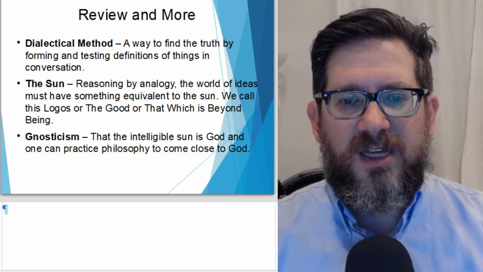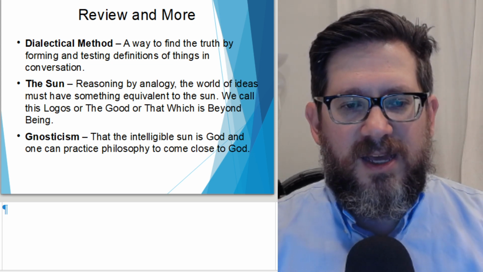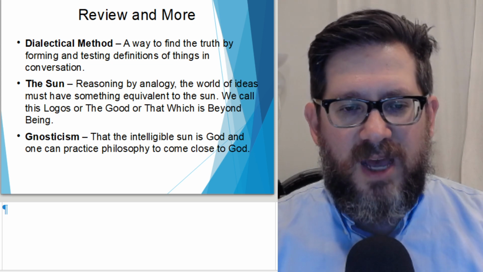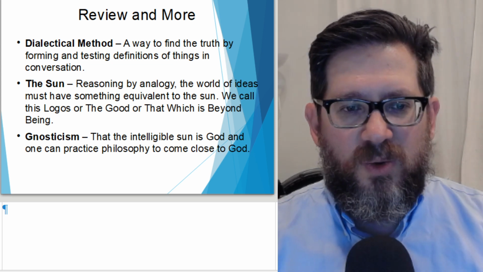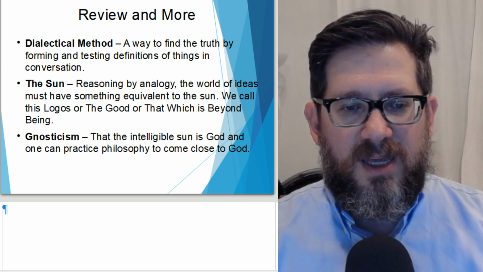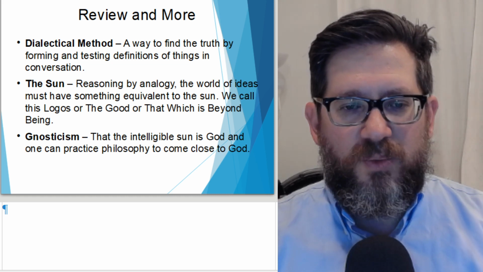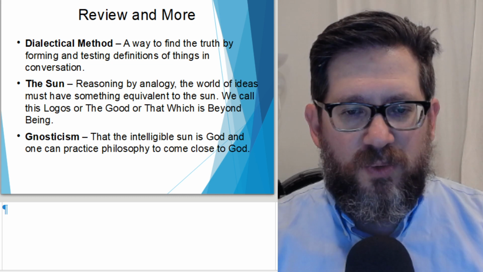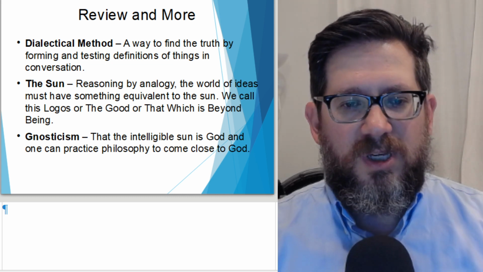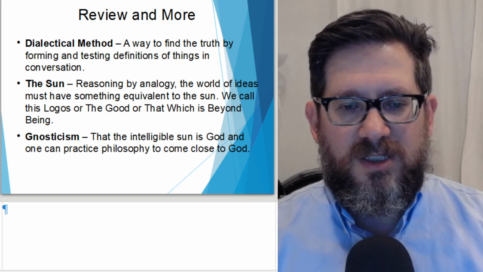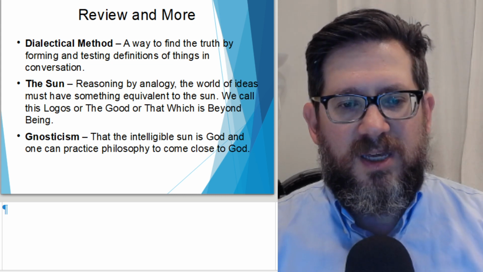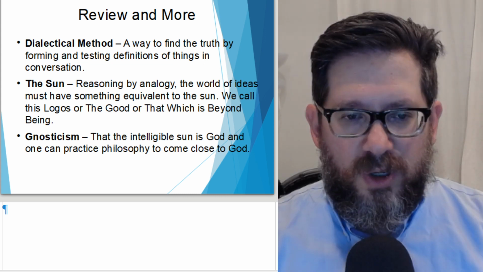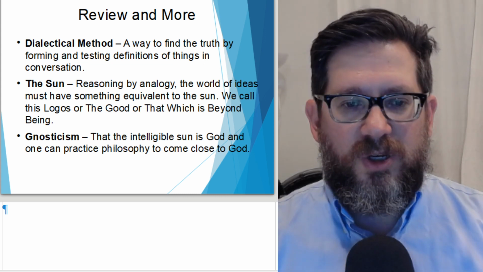Okay, so we have the dialectical method, and now this video we've talked about the sun, and in our reasoning by analogy, we said the world of ideas, the intelligible realm, the intelligible world, must have something equivalent to the visible sun, and we can call that logos. We could also call it the good.